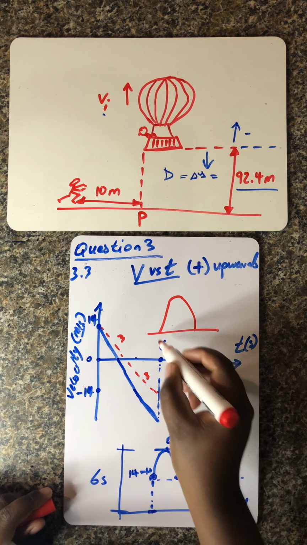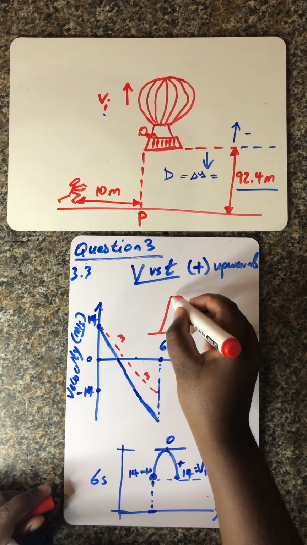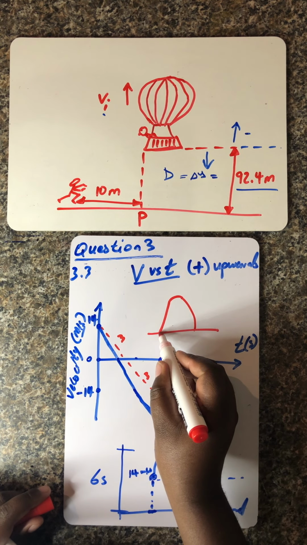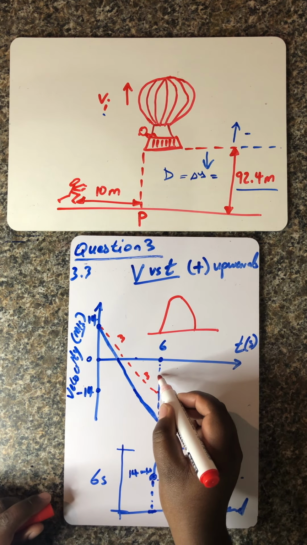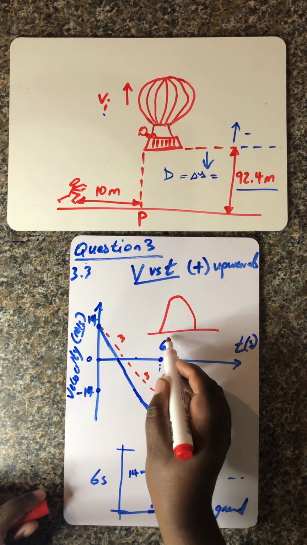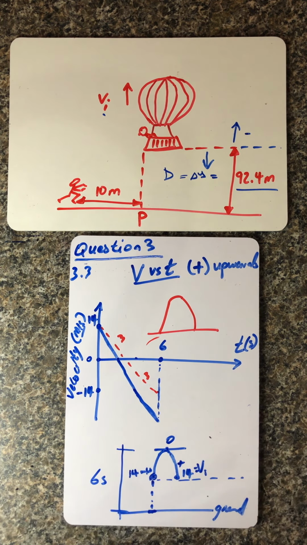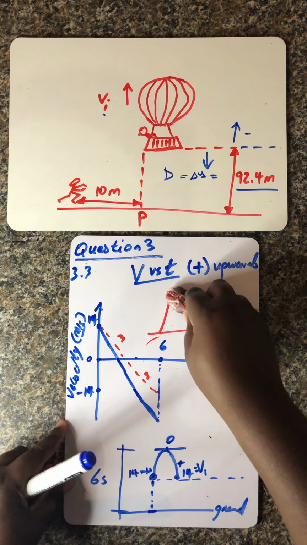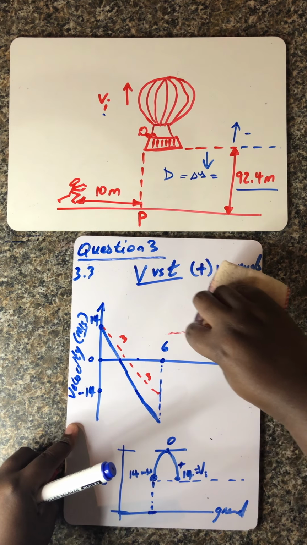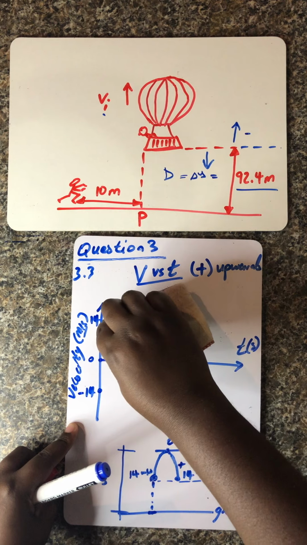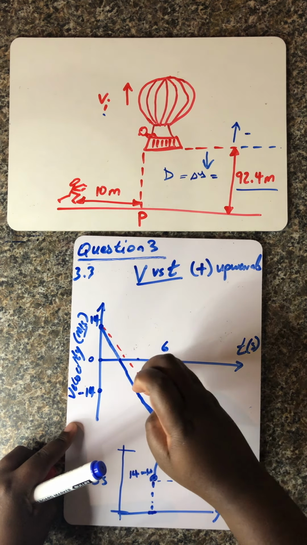Whereas they are saying it went up, came down to that same level and continues going down until it hits the ground within 6 seconds. So ladies and gentlemen, it's very important that when you draw your graph, it corresponds to the interpretation.